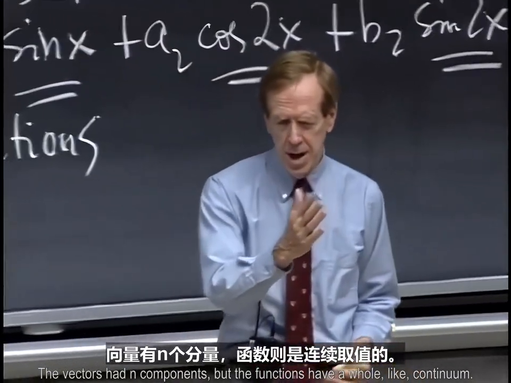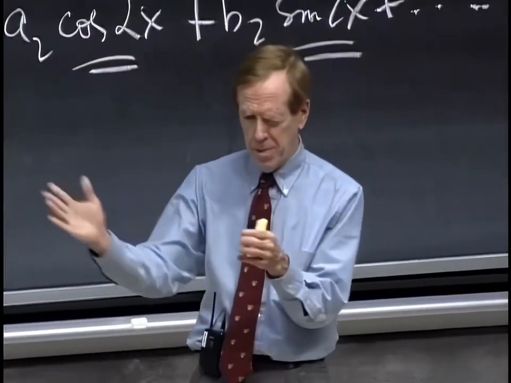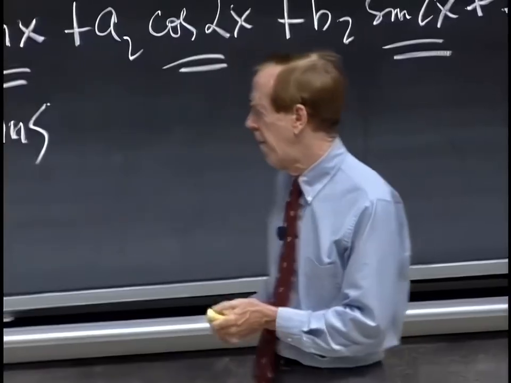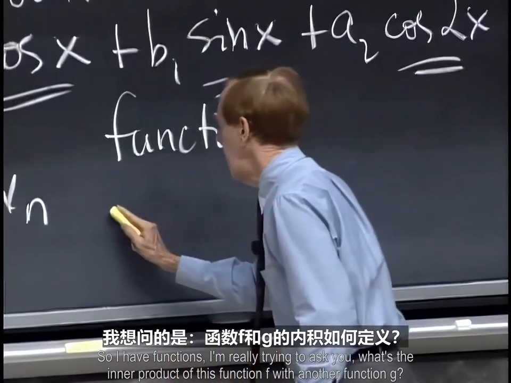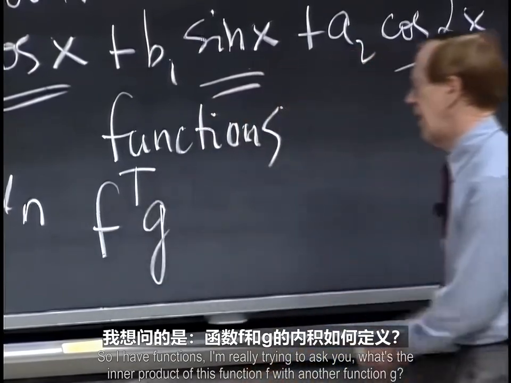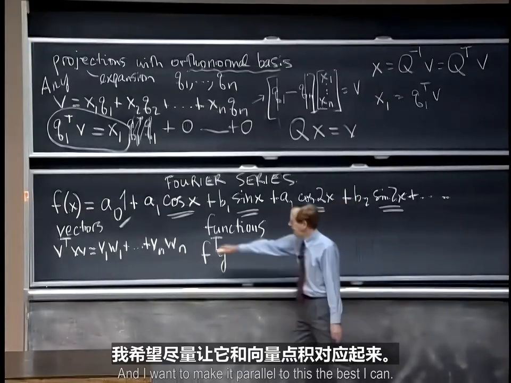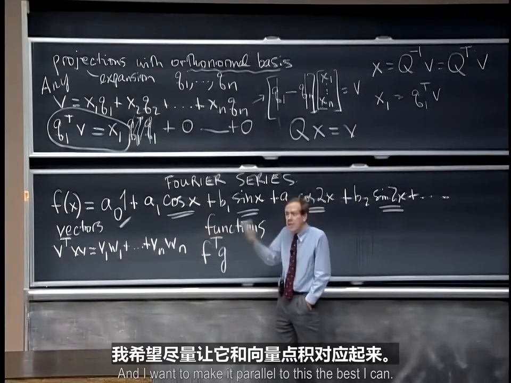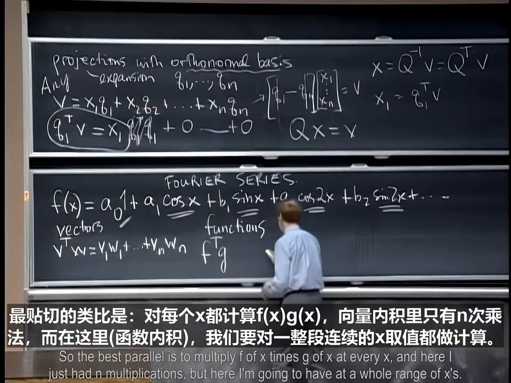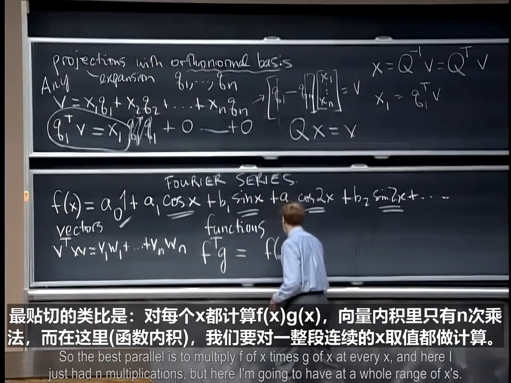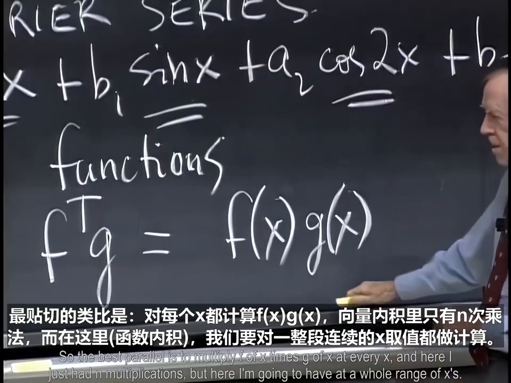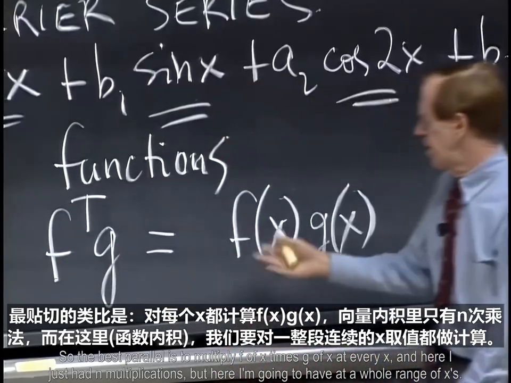The vectors had n components, but the functions have a whole continuum. To graph the function, I don't have just n points, I've got this whole graph. So I'm really trying to ask you, what's the inner product of this function f with another function g? And I want to make it parallel to this the best I can. So the best parallel is to multiply f of x times g of x at every x.